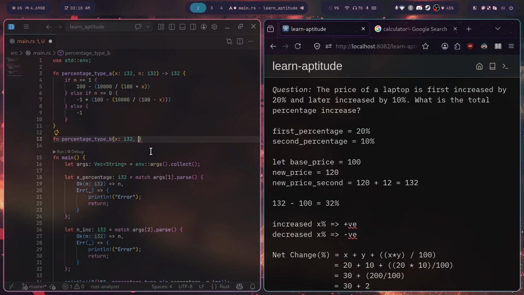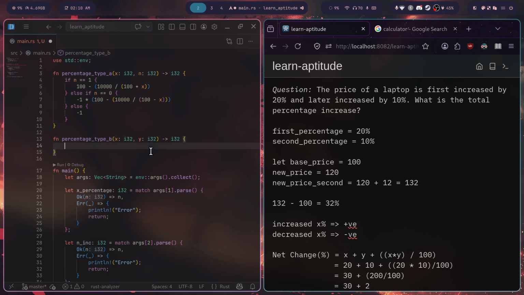x is i32 and y is i32, and the result will be in i32. If the value is an increase or decrease, we will specify the negative or positive sign during argument passing only, so we don't have to specify the n value. We could do it that way also, but I don't think it is required.